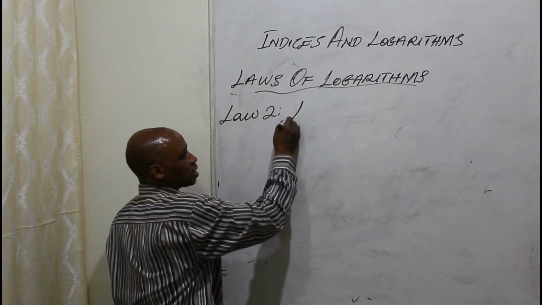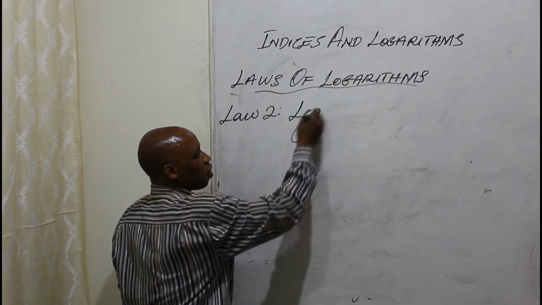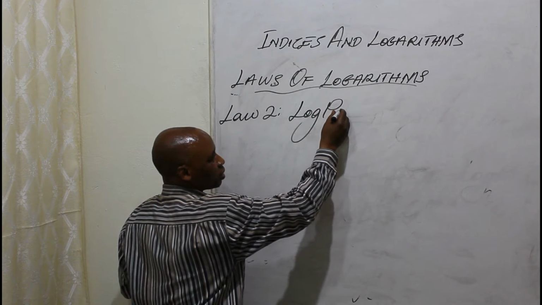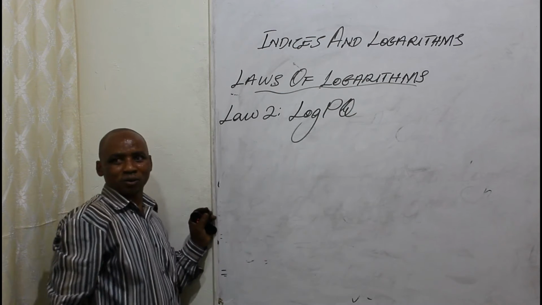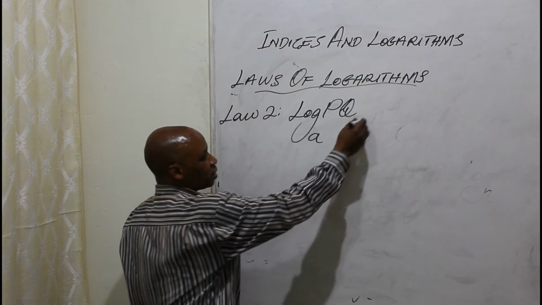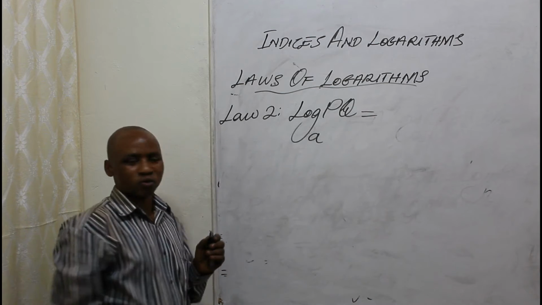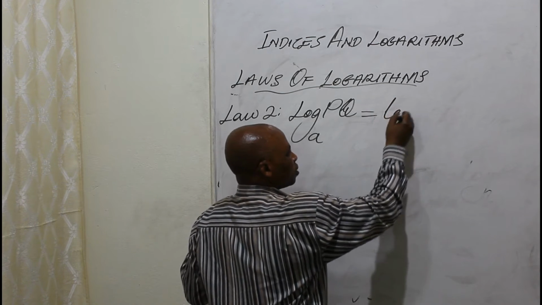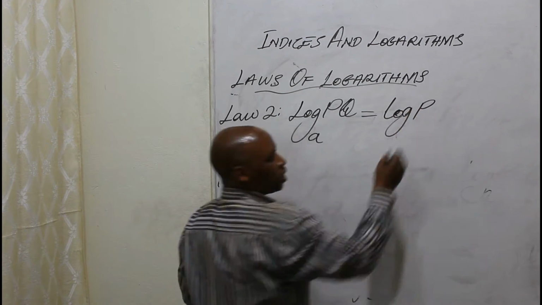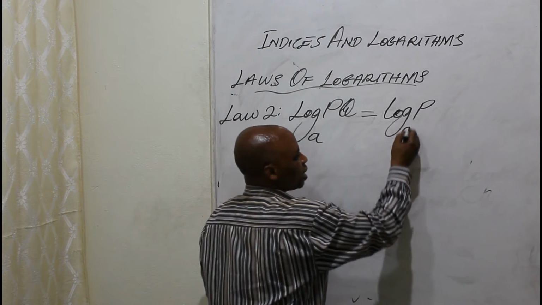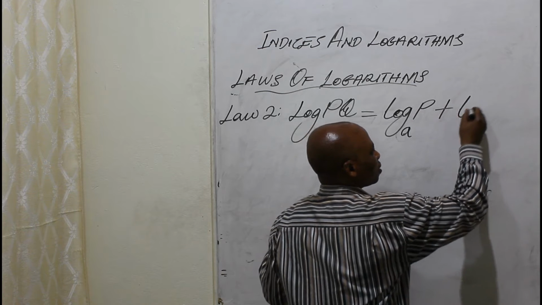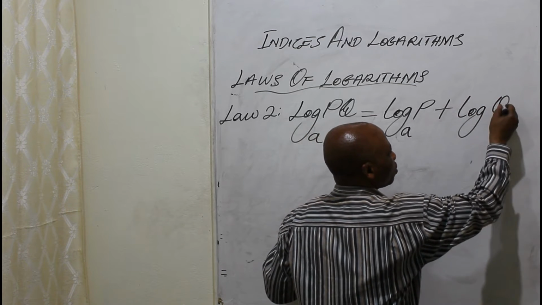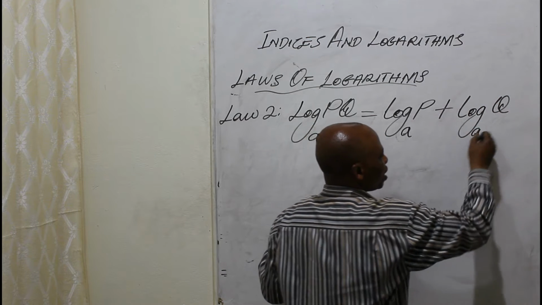Mathematically, it is expressed as log of a number p times a certain number q to base a being equal to the log of p to base a plus the log of q to base a.